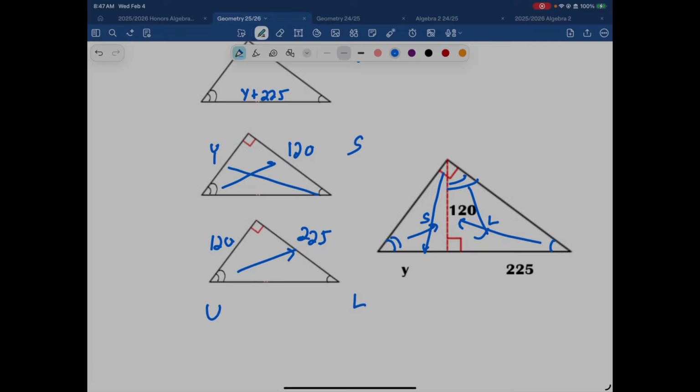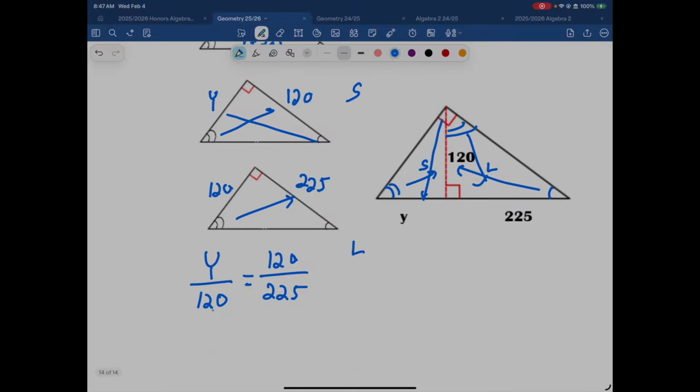So we go the small over its corresponding side of the large equals the small over the corresponding side of the large. Cross multiply, 225y equals 120 times 120, which is just 120 squared. I hadn't written it like that yet.